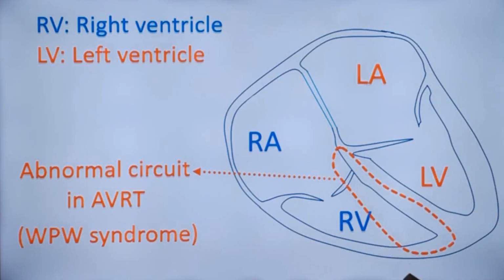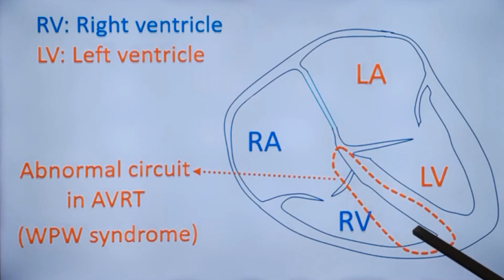Next is antidromic conduction. Initial conduction is down the accessory pathway, so that when it reaches the ventricle, the rest of the ventricle, both sides, are activated through the ventricular muscle. Initial activation is fast through the accessory pathway, but the rest of the activation is through the ventricular myocardium, so that QRS will be wide.